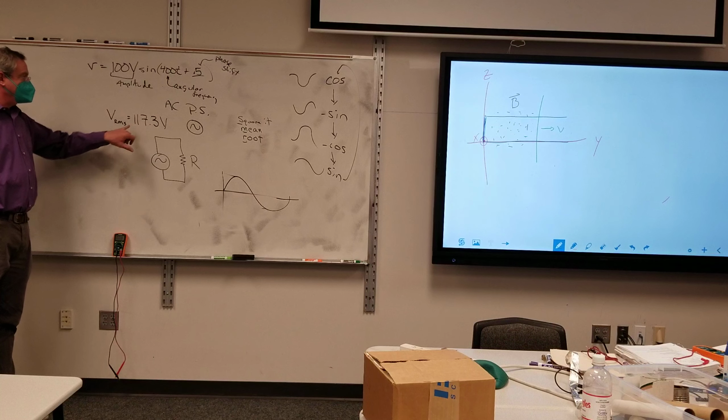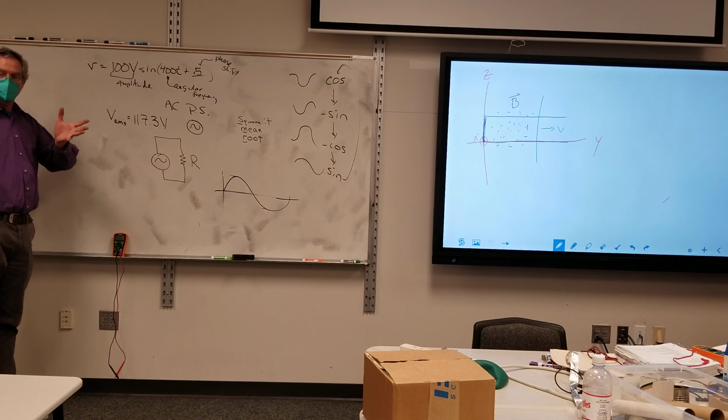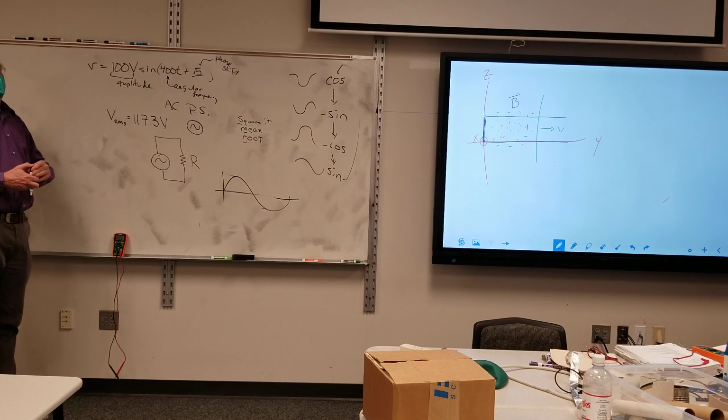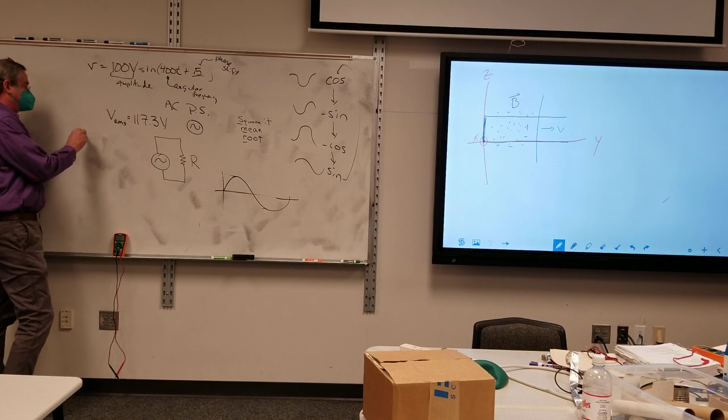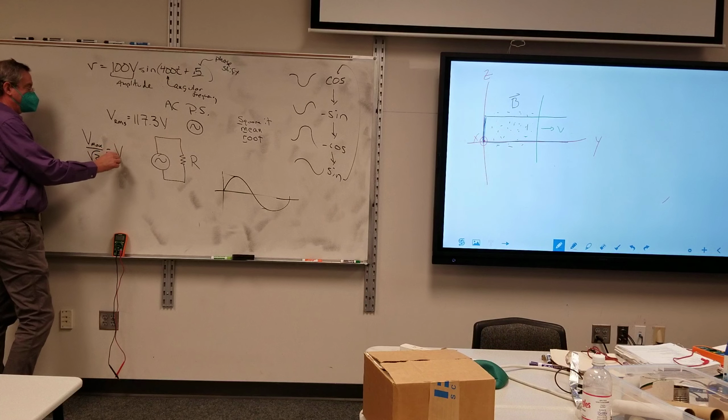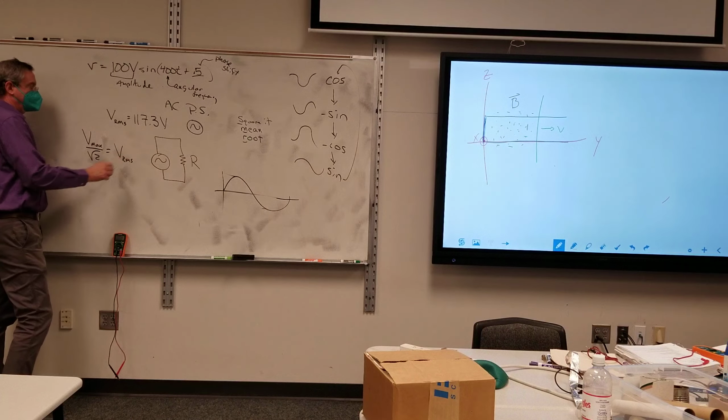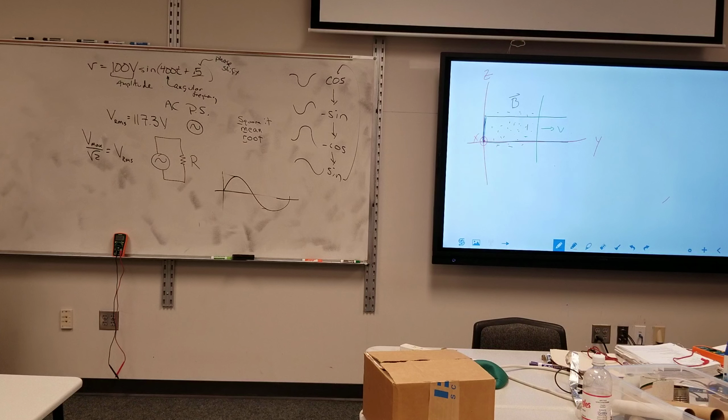Well, with calculus you can show this, however, I'm just going to tell you. The peak value, the maximum value, divided by the square root of 2 is equal to the RMS value. So if you take the 117.3 multiplied times the square root of 2, we'll get the amplitude.